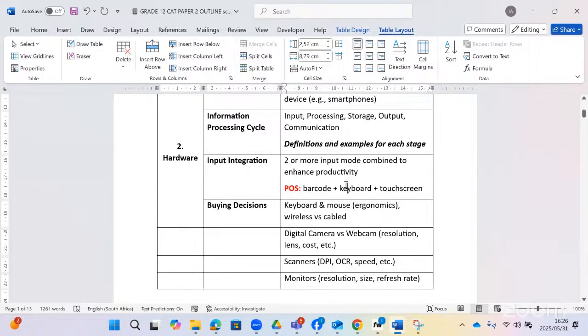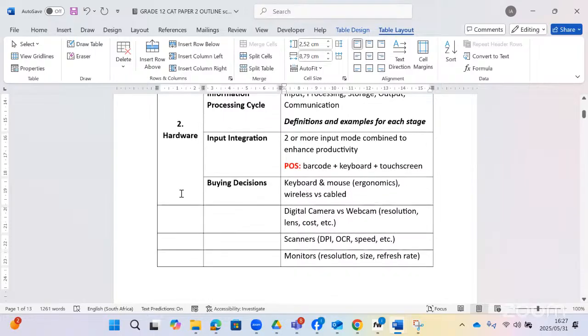Now, when these systems are put together, when one of them fails, the other one will be there. So you can see that when you go to Pick n Pay and they try to scan the barcode and it doesn't work, what they do is they key in or enter the information from the barcode, right? So you must know this integration of input modes to enhance productivity, and an example as well.